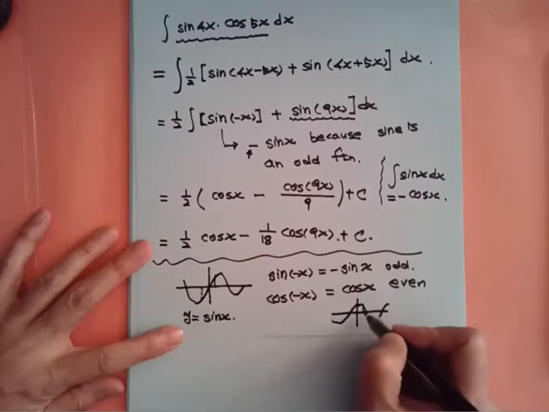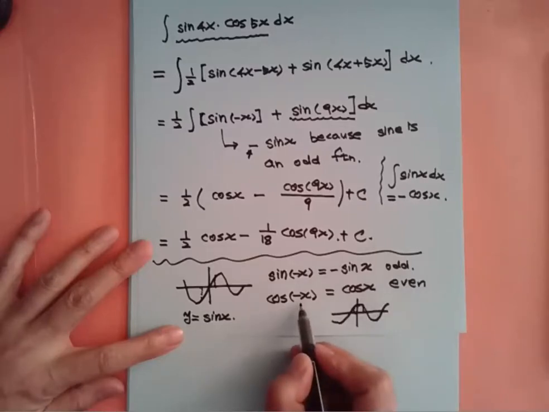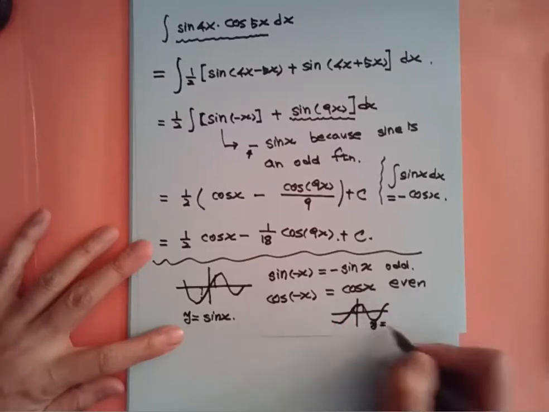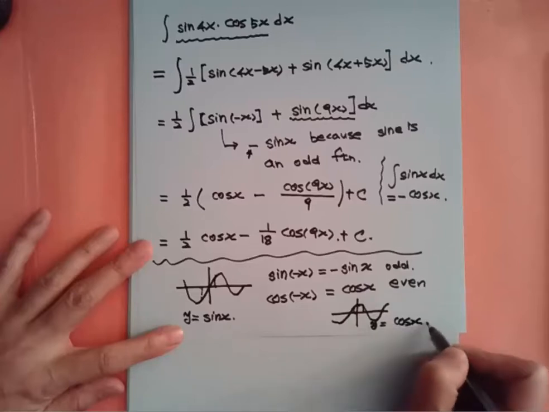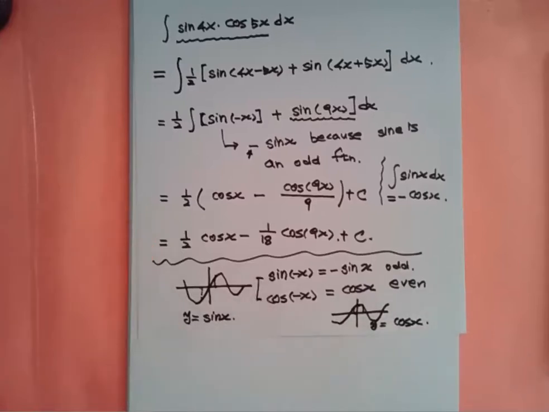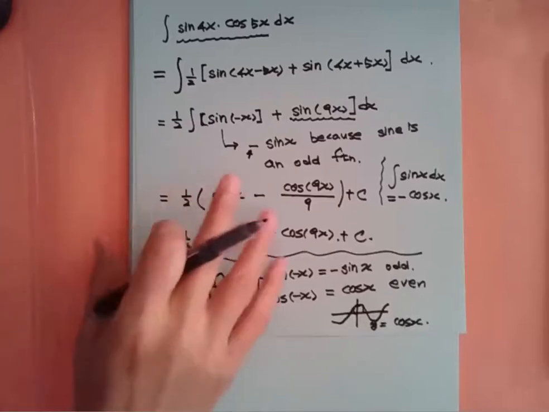Even if the sign of x is different, the function value stays the same. So that is the meaning of even functions. Those are the things which you learned in trigonometry. And that is the last thing we had to cover in 7.2.